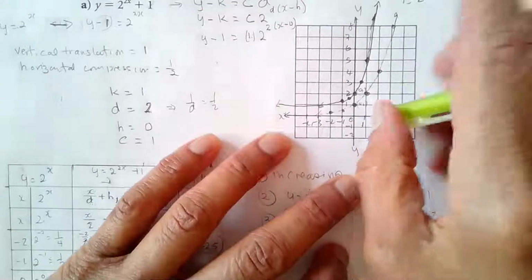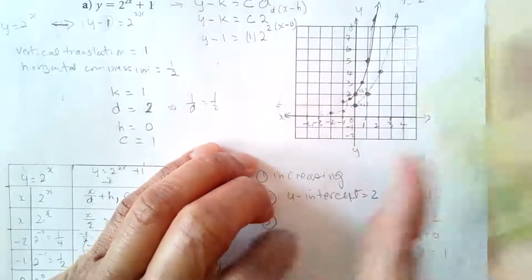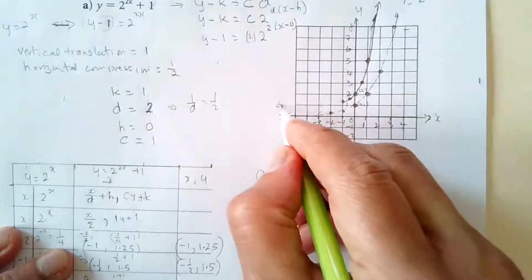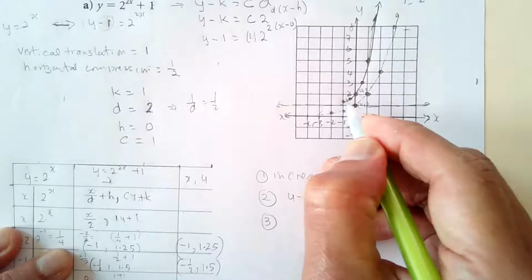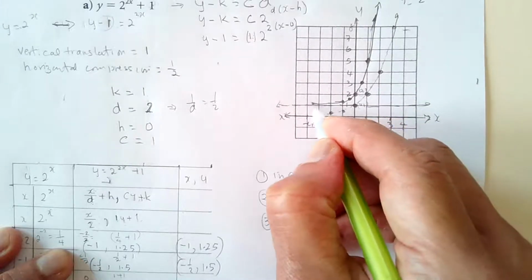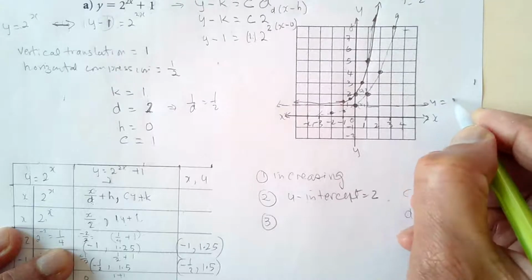My horizontal asymptote would be this line here. So the graph never touches it, so y equals 1.